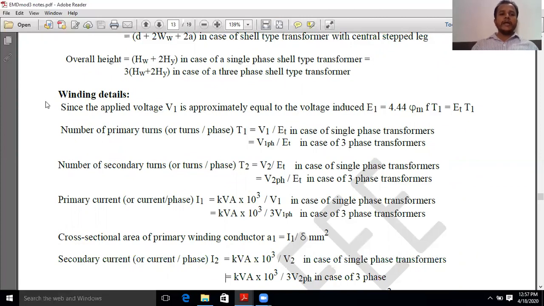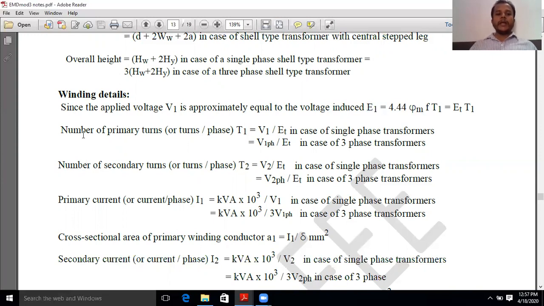Since the applied voltage V1 is approximately equal to the induced voltage E1, V1 is equal to E1, that is equal to 4.44 f phi m T1, and that is equal to Et T1.